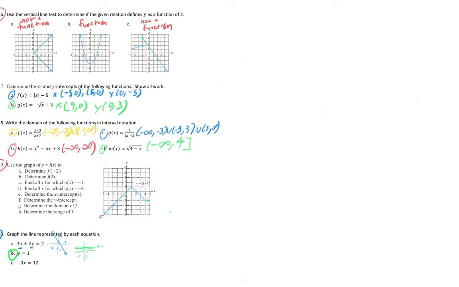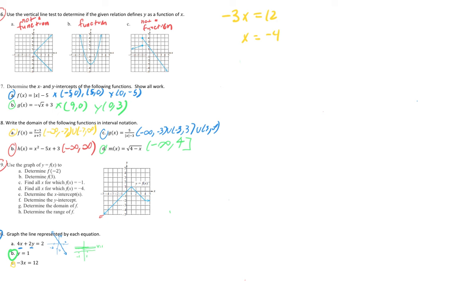Now for C. Negative 3x equals 12, or x equals negative 4. Since x equals negative 4, y can be any value that we want.